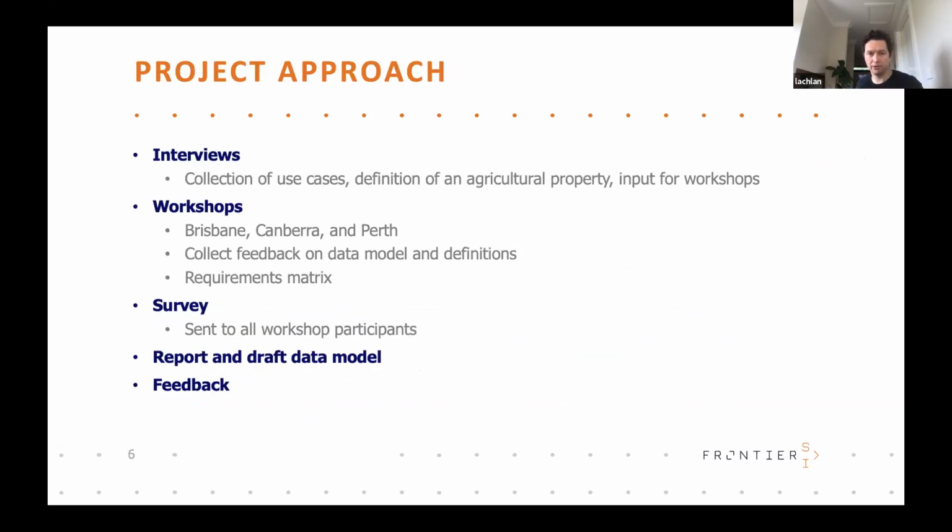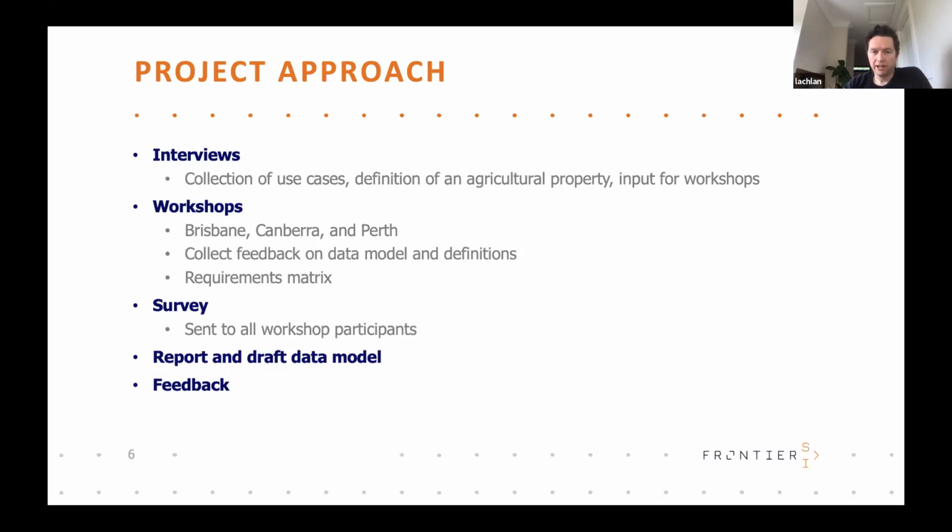So how do we go about doing this project? The first step, which I haven't got to, is going through and identifying the stakeholders. In this case, the primary focus was on groups that would utilize the data or groups that will contribute to the data set itself. So we're talking groups like GA, CSIRO, and a number of SMEs that would also contribute to the data and draw on this data set.